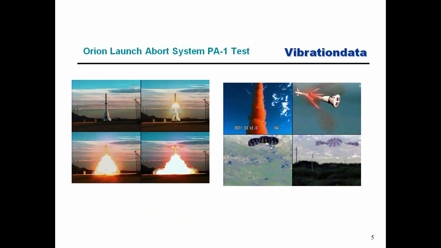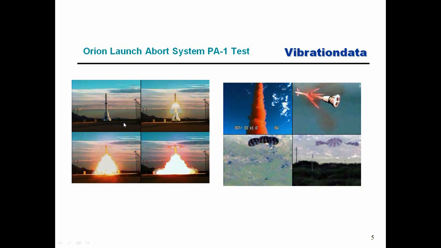Okay, moving on to a different launch vehicle. Now this is the Orion launch abort system. This was an unmanned test, and the idea is this Orion spacecraft will carry astronauts, and it will be launched aboard some launch vehicle, maybe the SLS vehicle, or maybe even an Atlas V or Delta IV type vehicle.